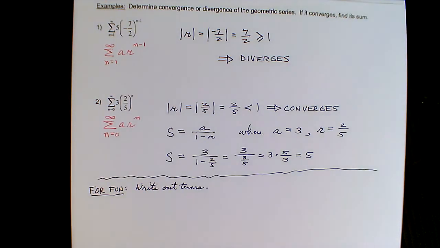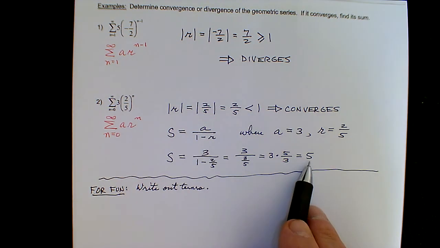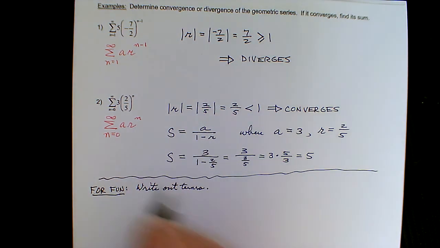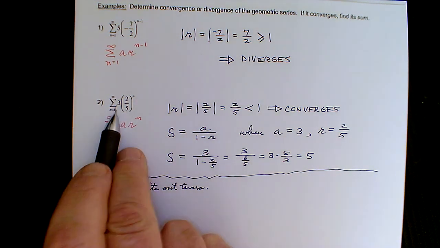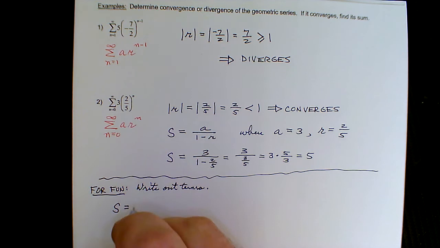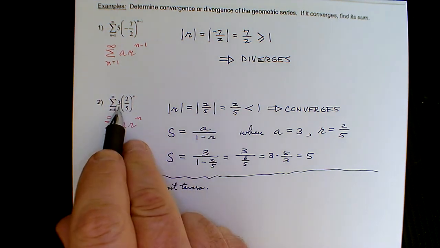And if you look at the terms, okay, so we'll say the sum is, when n is 0, we get 3 times 2/5 to the 0, or 3. When n is 1, we'd get 3 times 2/5 to the first, 3 times 2/5, 6/5.